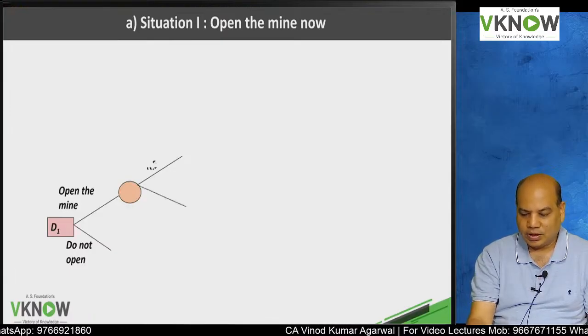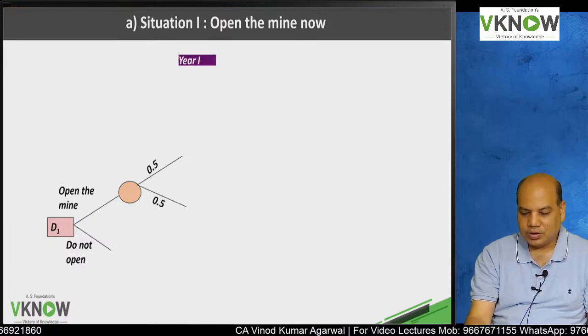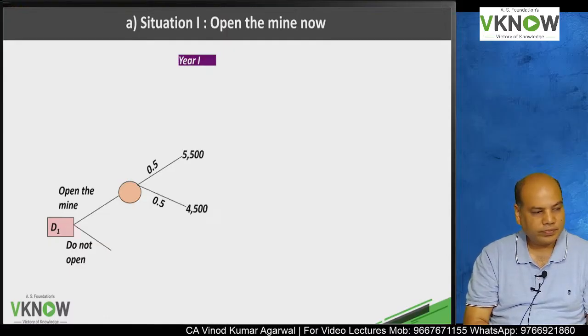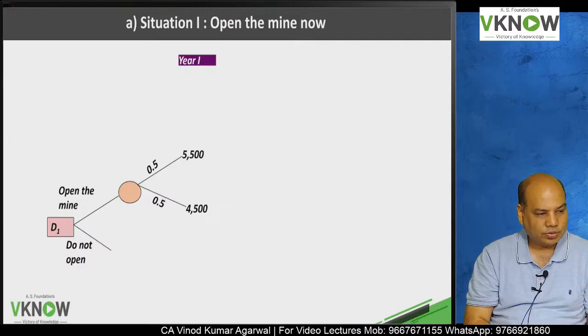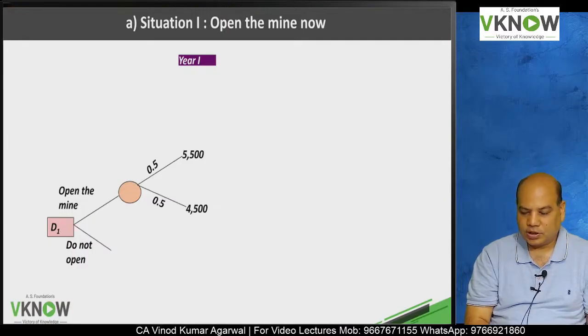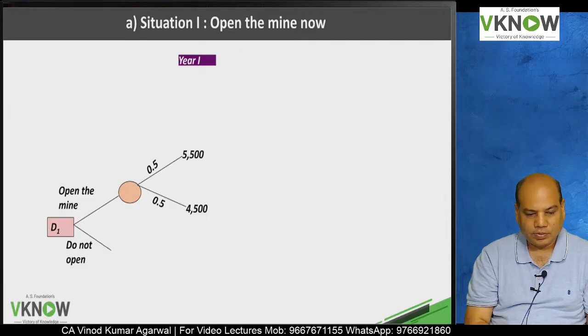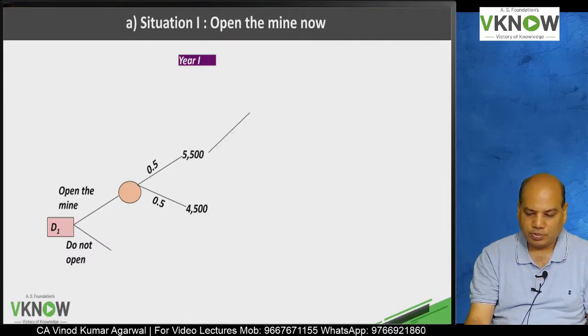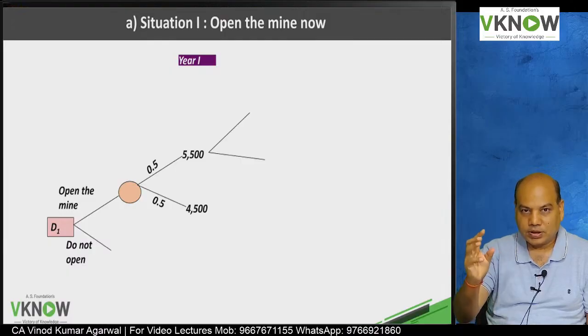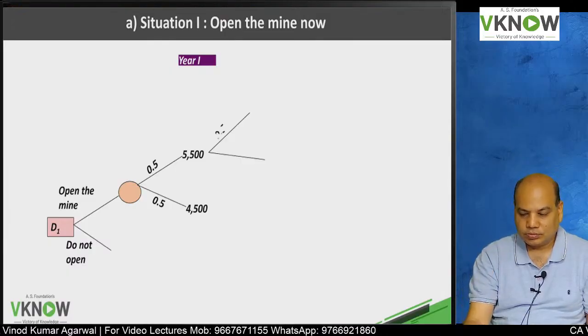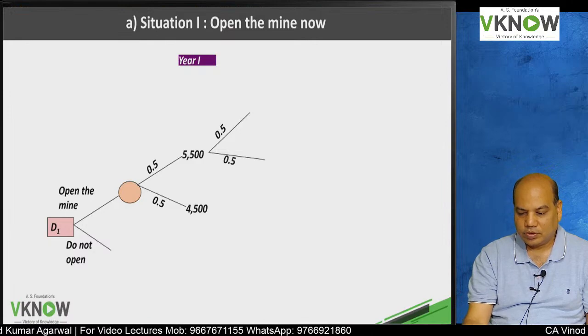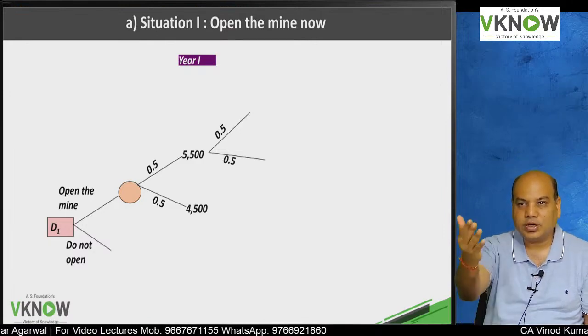If you open the mine today, then after year 1 there are 2 possibilities of gold prices. Gold price can rise to 5500 with 0.5 probability, or gold price can go down to 4500 with 0.5 probability.